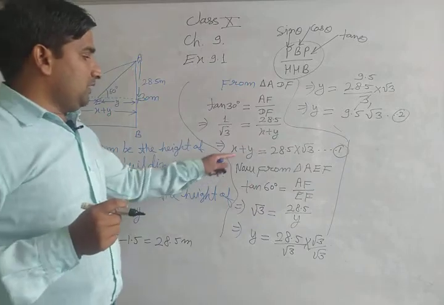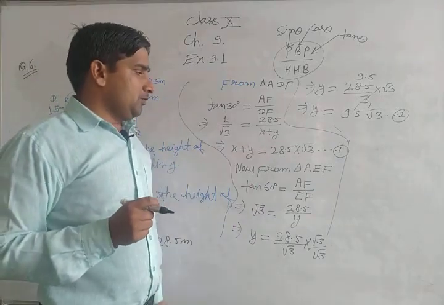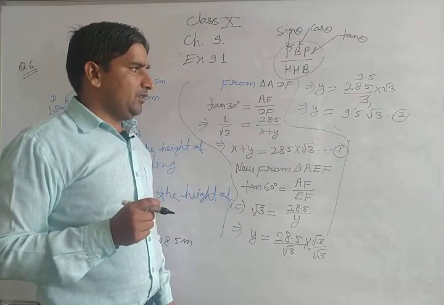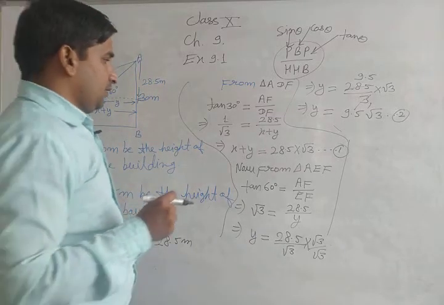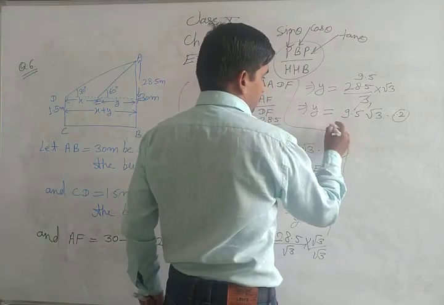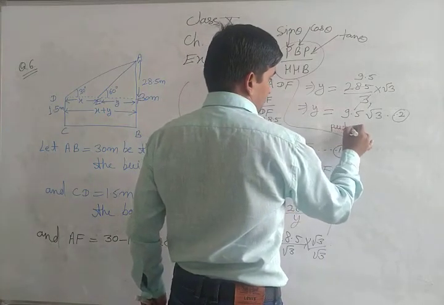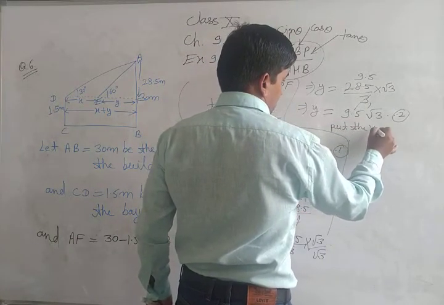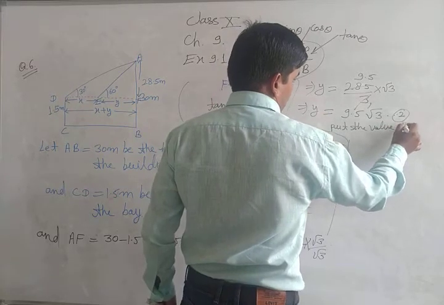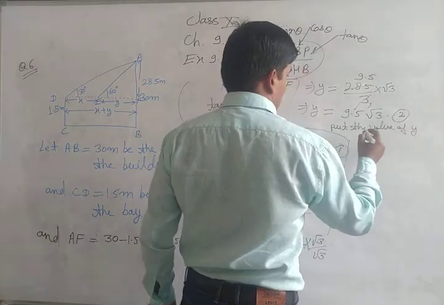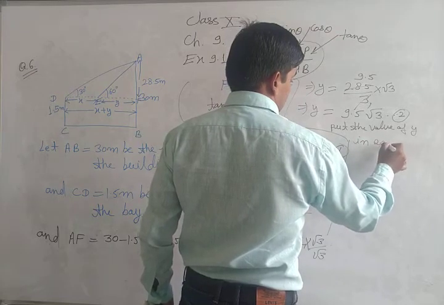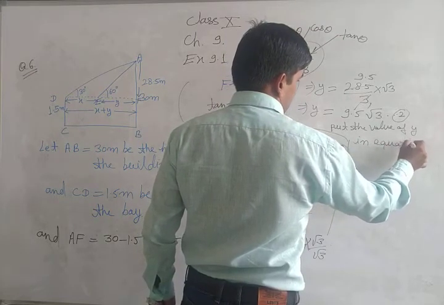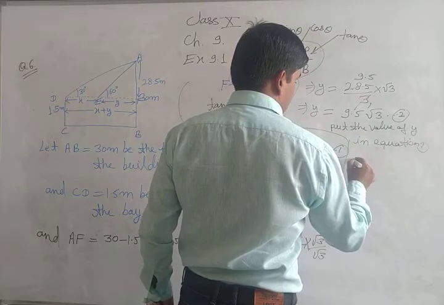So we observe that the value of x plus y equals 28.5 root 3 and the value of y equals 9.5 root 3. Now put the value of y in equation 1.